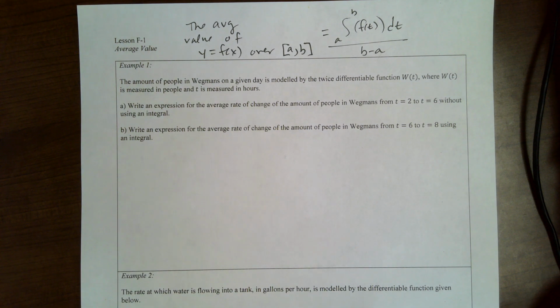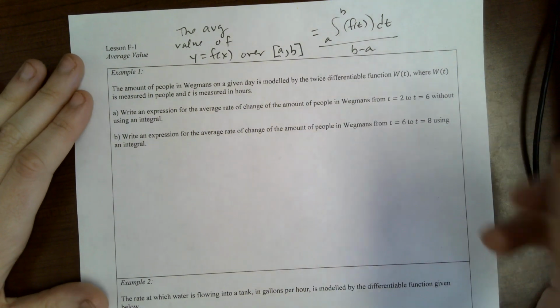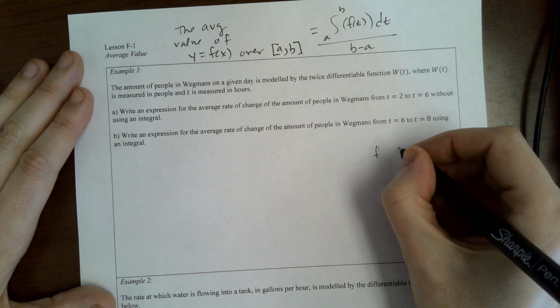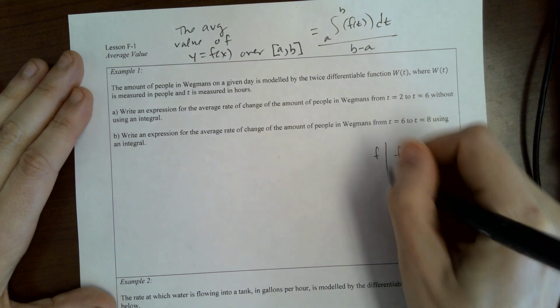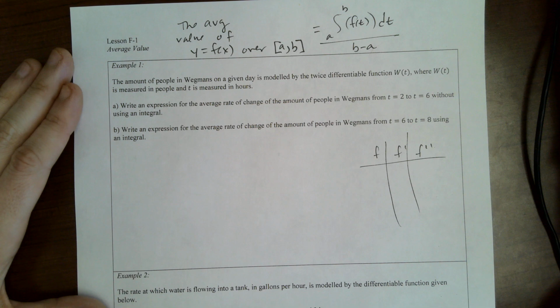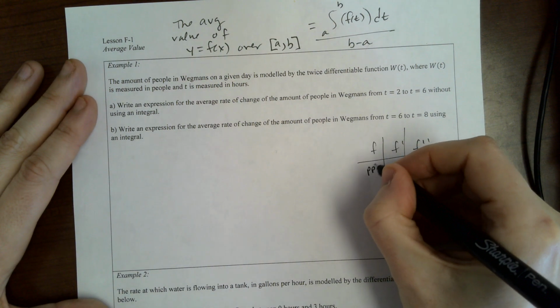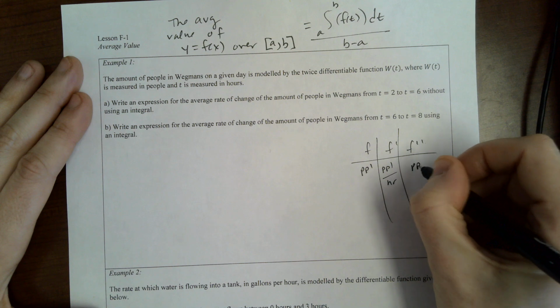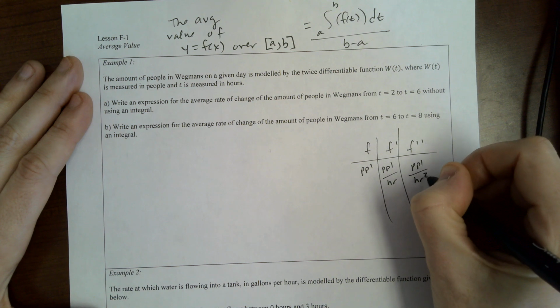Okay, so there's two ways to do this. So first, you've got a derivative sequence. People, okay, so the units here are people per hour squared.